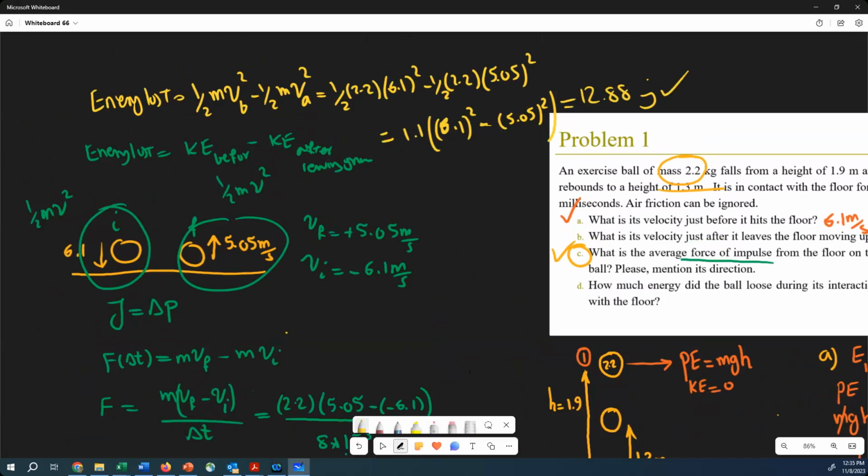Energy is being lost when it's touching the ground, because of this force. Then we can subtract the energy before and after, and this is going to be the energy that is lost during the interaction with the floor. Good?